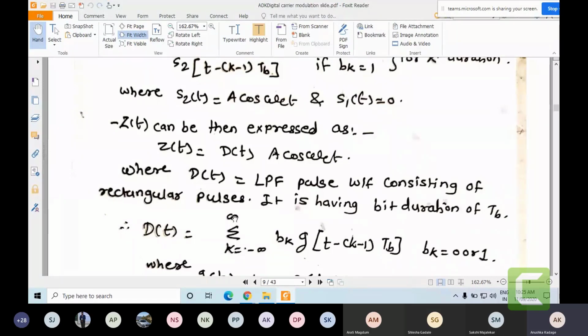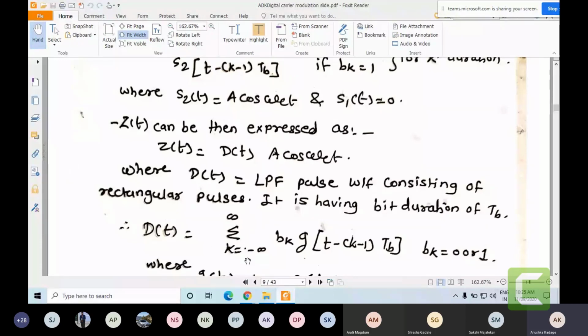So mathematically, that pulse waveform, which is consisting of rectangular pulses, is represented by d(t), and as it is a sequence of number of pulses, and number of pulses will be discrete in nature, here we are using summation sign, and this is a continuous time function.